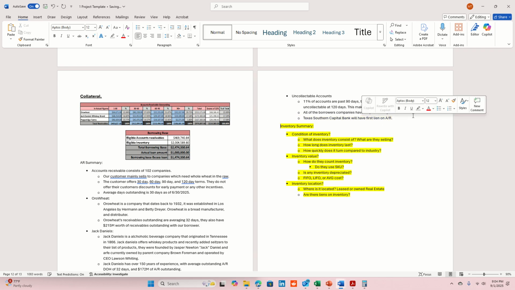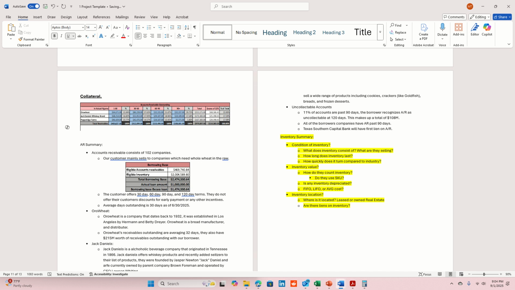Okay? And as a matter of fact, let's go back to Collateral. Let's click enter real quick. And then let's say Texas Southern Capital Bank will have first lien on AR and inventory. Okay?